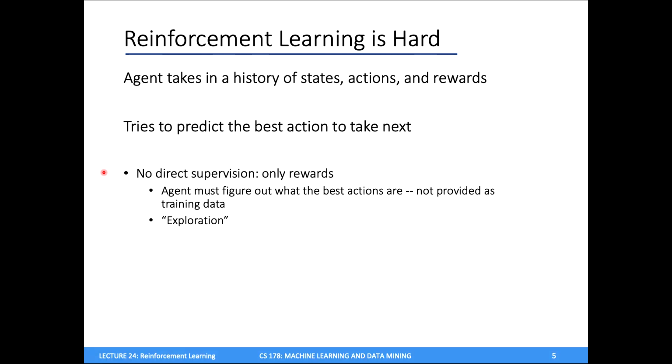We only see these indirect rewards, and these rewards might not be all that well correlated with the actions we take. So the agent needs to somehow figure out what the best actions are. They're not provided as training data, like this is a good action, this is a bad action. The agent really needs to go out and explore the world, try things, and see what does and what doesn't result in good rewards.